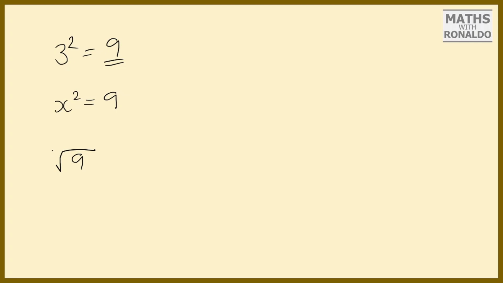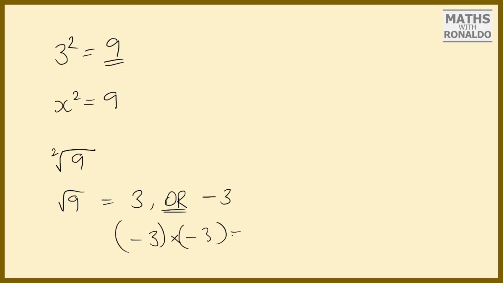The root of 9, there is essentially a 2 here, but when it is a 2, we don't tend to write it. You can just write the root of 9. The root of 9 is either 3 or, and this is an important or, minus 3, because minus 3 times minus 3 gives 9.